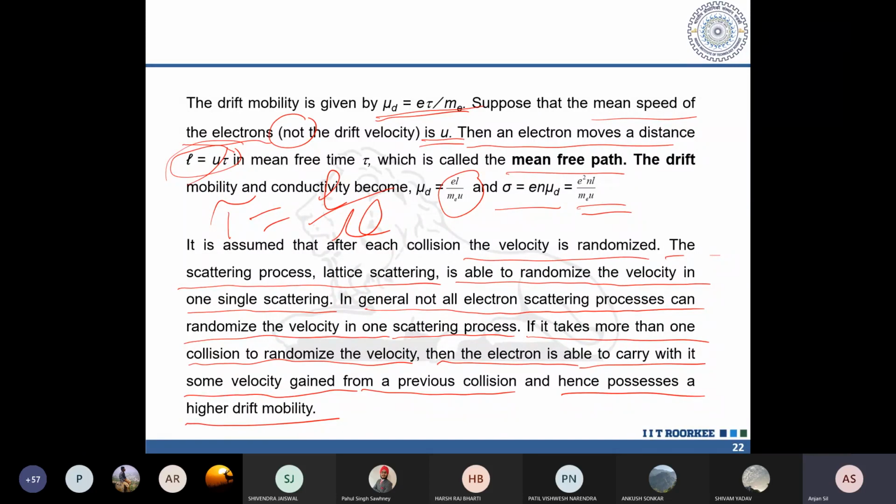If it is randomized in the first collision itself, then it will lose the velocity. So everything is now the average behavior, and the different ways of expressing how a higher drift mobility for some electrons will be there as compared to other electrons. These are the understandings you can get from this lecture.